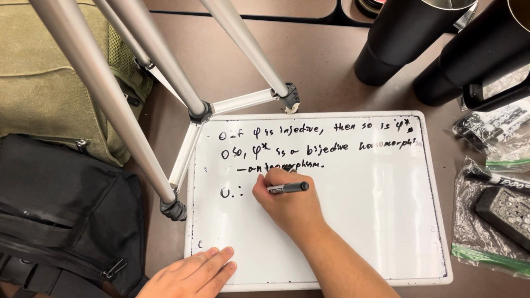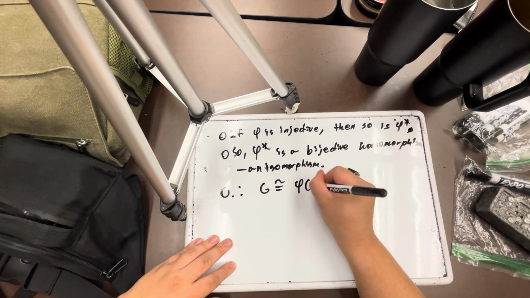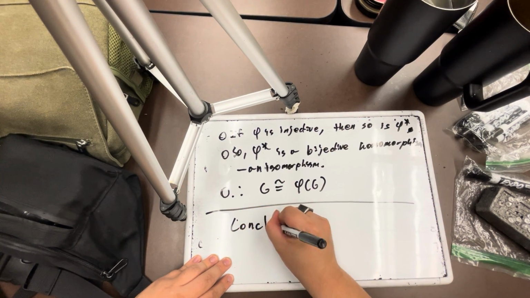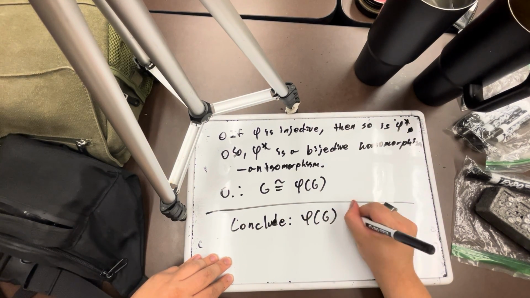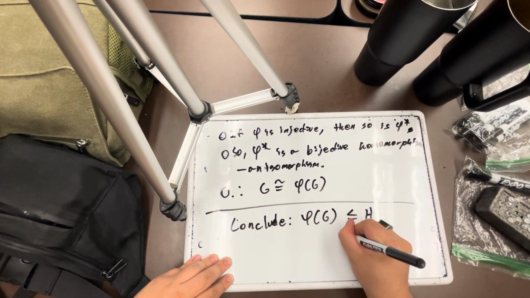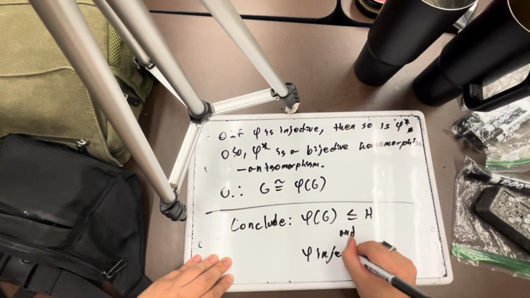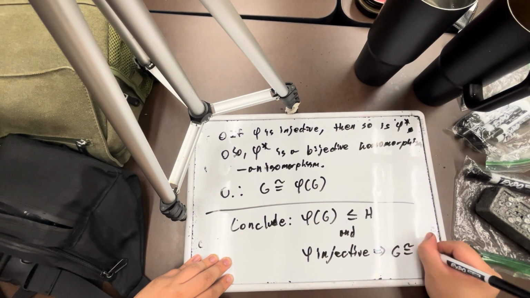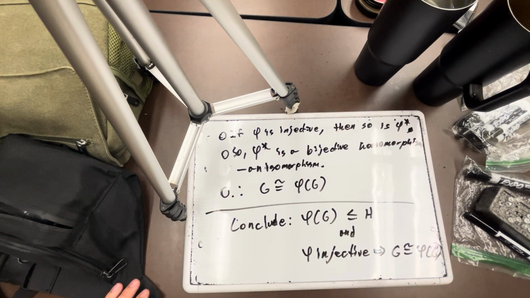Ergo, G is isomorphic to phi of G. So, to conclude, phi of G is a subgroup of H, and phi being injective implies G is isomorphic to phi of G. Okay? Now let's move on to the next exercise.